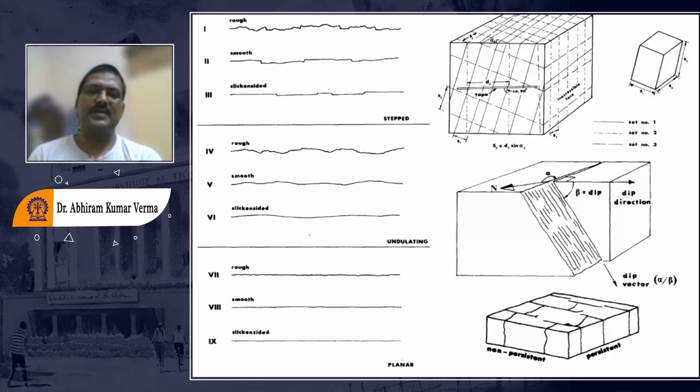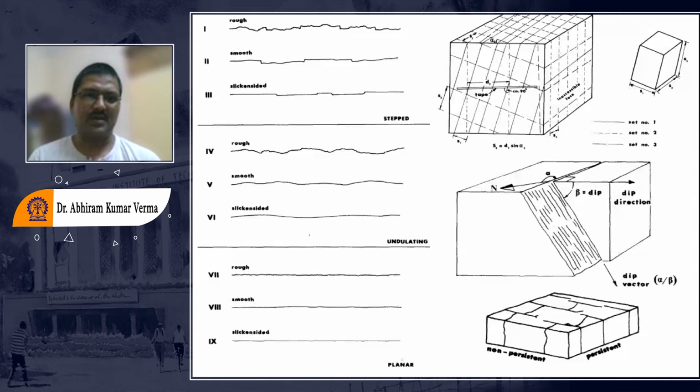This number is assigned to the types of roughness which have been shown over here. He did a lot of field experiments and field investigation, and with his own experience, he categorized 9 different types of roughness, and for each roughness he defined some numbers.